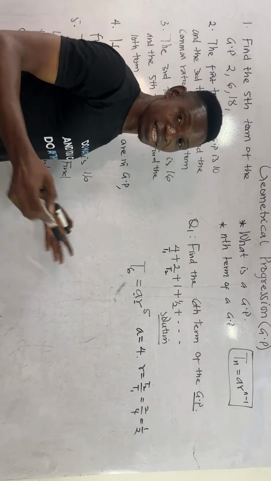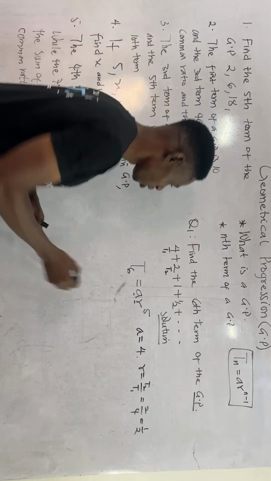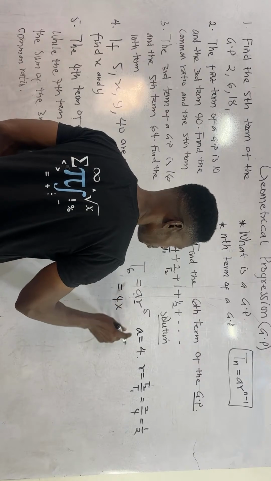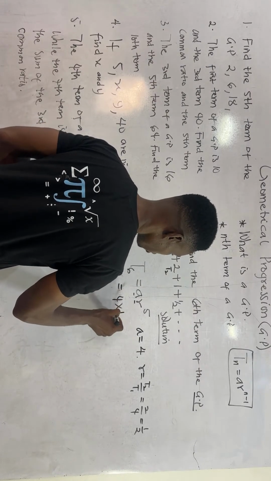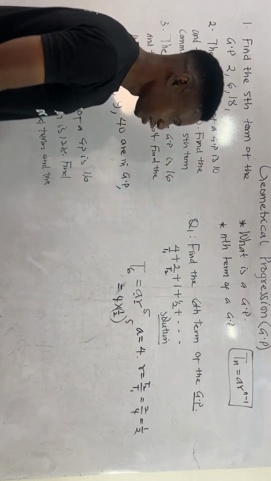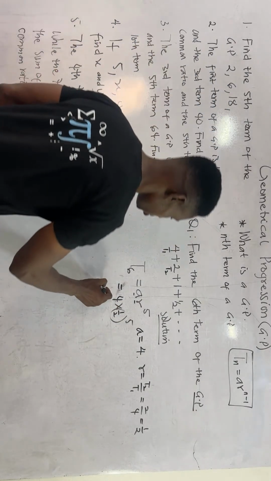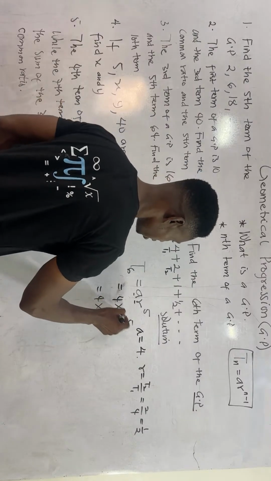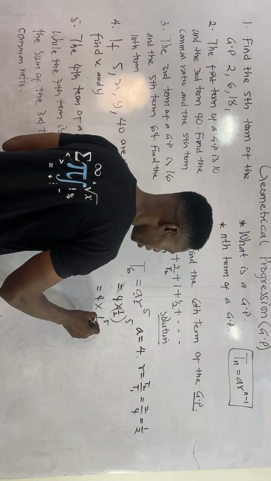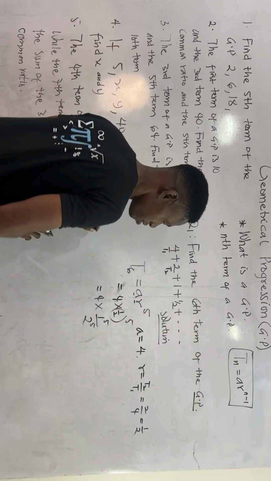Okay, so we have everything it takes to get our answer. So our T6 finally will be what? A, which is 4, multiplied by R, which is 1 over 2, raised to the power 5. So we'll have 4 multiplied by, remember our law of indices, 1 raised to the power 5 divided by 2 raised to the power 5.